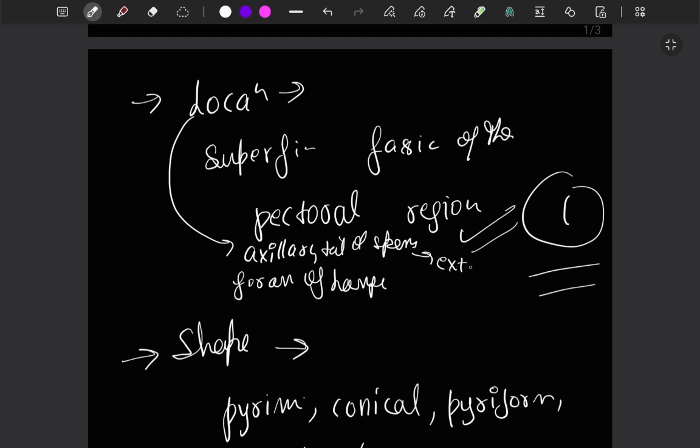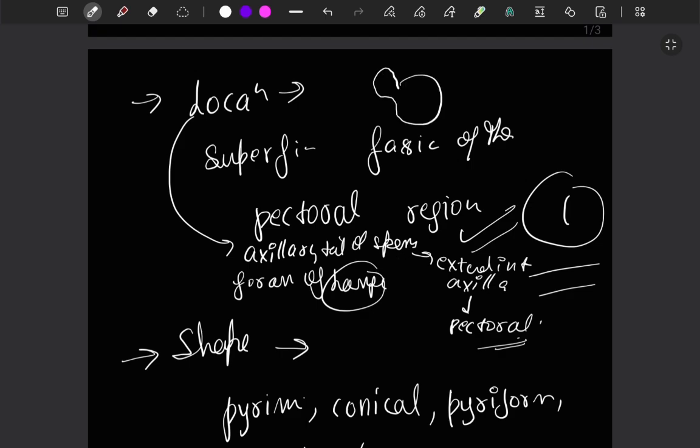The breast extends into the axilla, which is also a part of the pectoral region, through the foramen of Langer. This is the axillary tail of Spencer. This is the foramen of Langer. This is your breast.